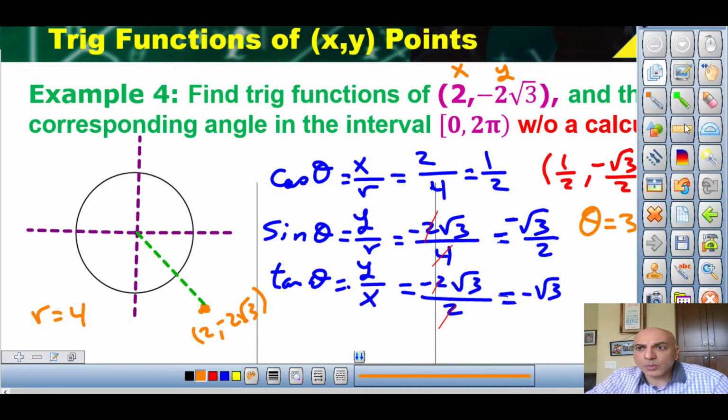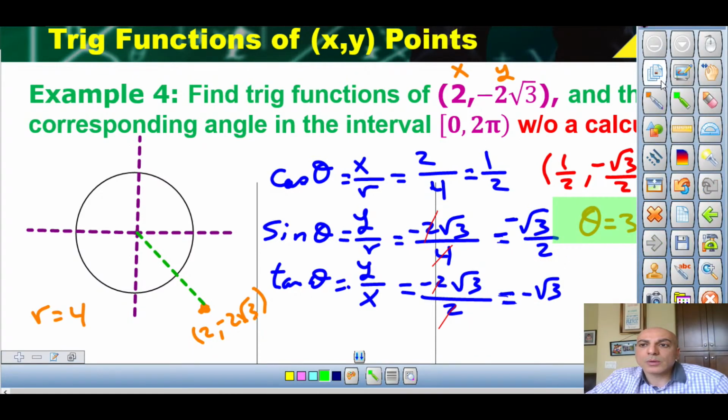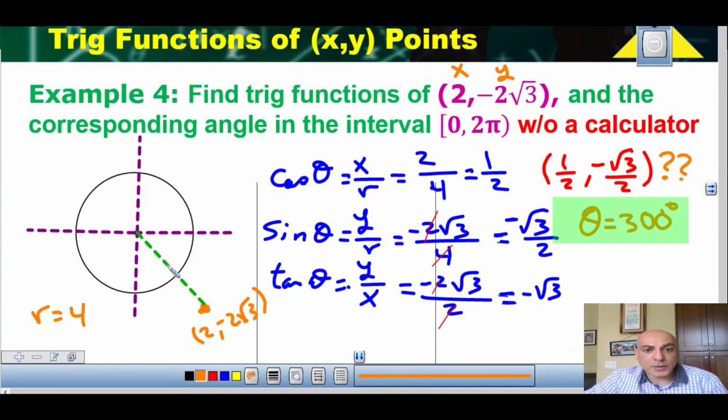That is very true. The reason is it's going to be down here, 300. It makes sense because this is 60 degrees down here, a reference angle from the closest x-axis, and that's going to give you 300. Okay, now we're all jolly and happy.